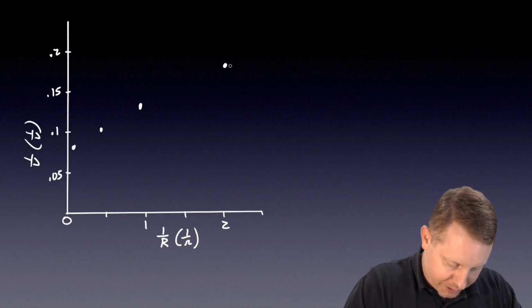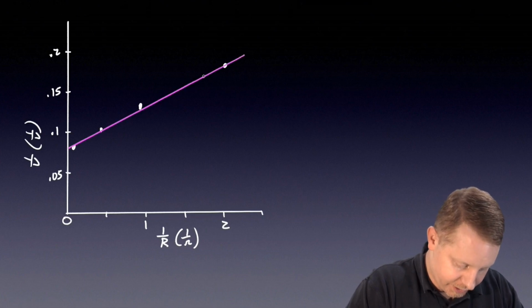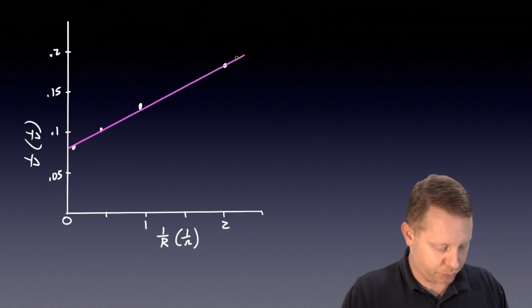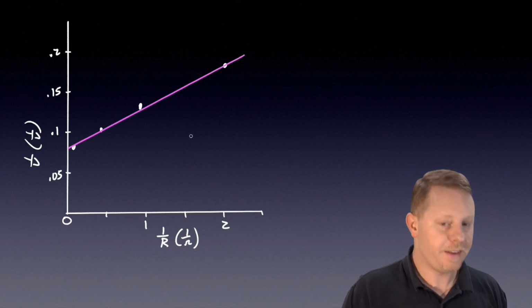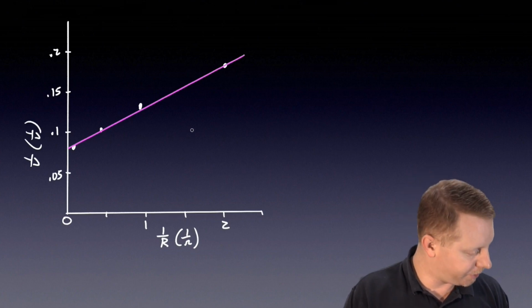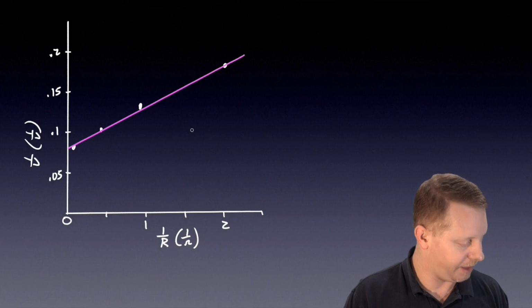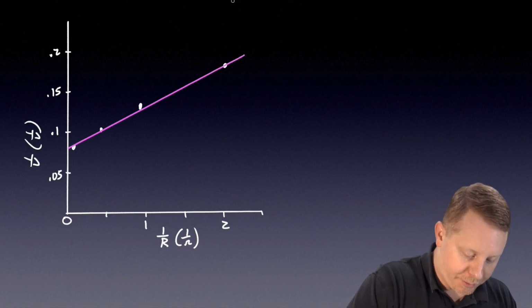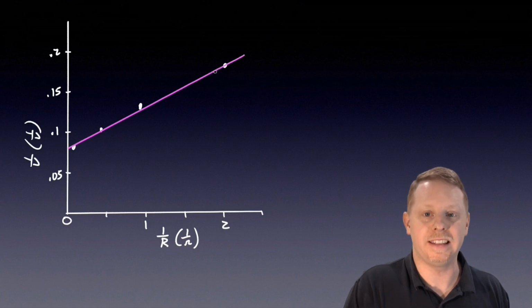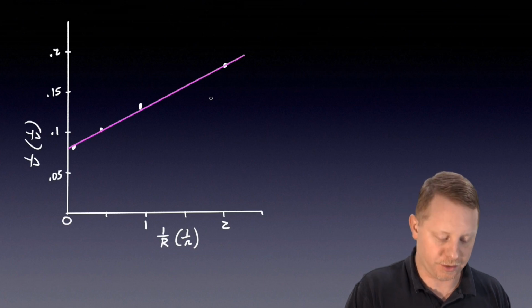As I draw a best fit line, mine will look something like this. Again, I didn't draw it nearly as carefully as you would. But there's my best fit line. And while I've got that up here, I'm pretty certain I'm going to need the slope. It's going to tell us in a minute to find the EMF and the internal resistance, so I'm going to find the slope while I'm here. I'm going to be very careful not to pick data points specifically, but points that are on my best fit line, and it's usually a good idea to circle the points you're using.